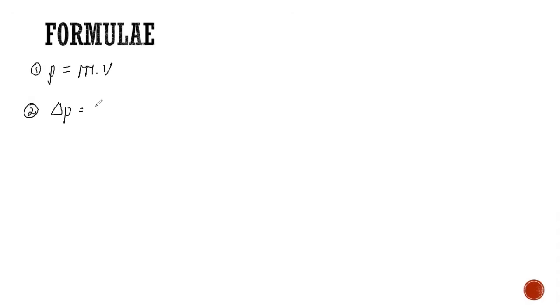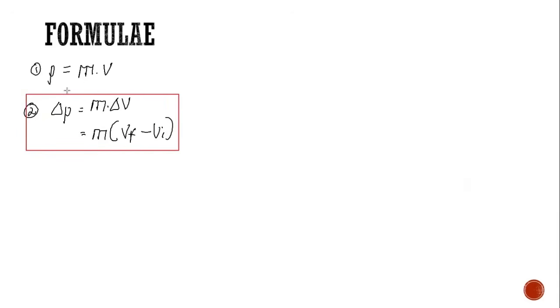But here you have to consider that this will be mass multiplied by the change in velocity, which you can break down as mass times (v final minus v initial), right? So you need to really note that formula right there. So know all these formulas here.